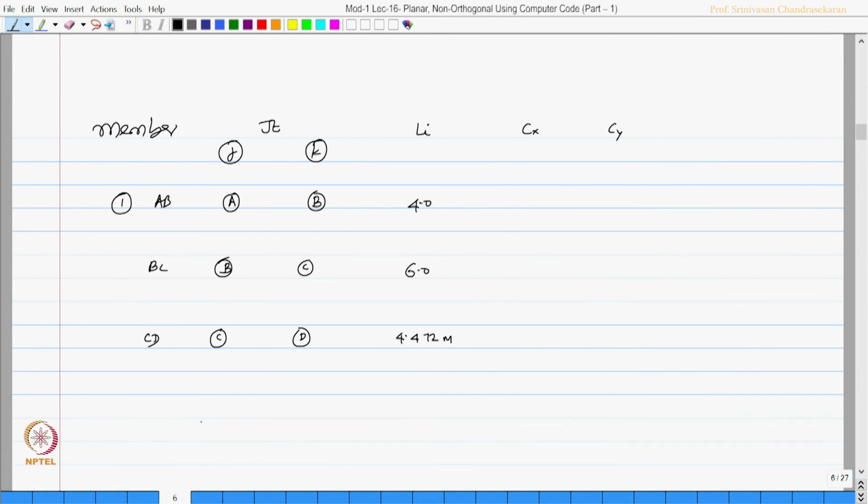So, the angle is 90, so cos 90 and sin 90; this angle is 0, cos 0, sin 0; and this is going to be 0.447. Cos of minus theta is simply cos theta, sin of minus theta is minus sin theta. Okay, we got the values.